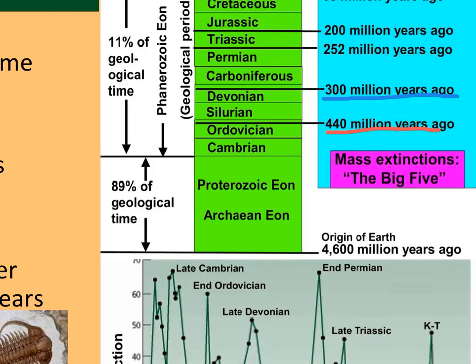One of the biggest ones was the Permian mass extinction, where over 90% of all species went extinct. It took about 12 million years for it to all happen, and then another 20 million years or so to start to recover. And then at the end of the Jurassic, which is in the Mesozoic, let's see.